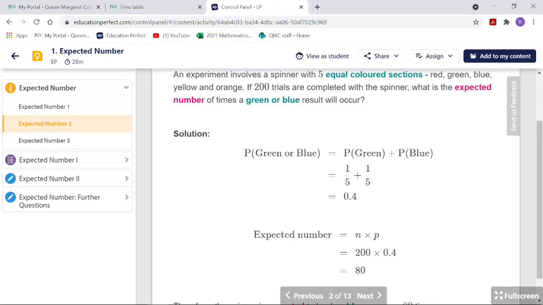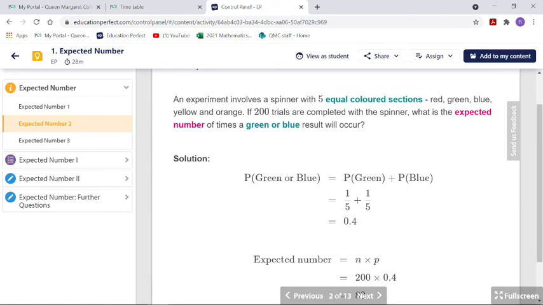Okay, so here's one where they don't give you the probability, so you have to do the probability first. No big deal. An experiment involves a spinner with 5 equal colored sections. So 5 sections: red, and then they give you the colors. If 200 trials are completed with the spinner, what is the expected number of times you get a green or a blue? Well, green is only one of the 5, so that's 1/5.